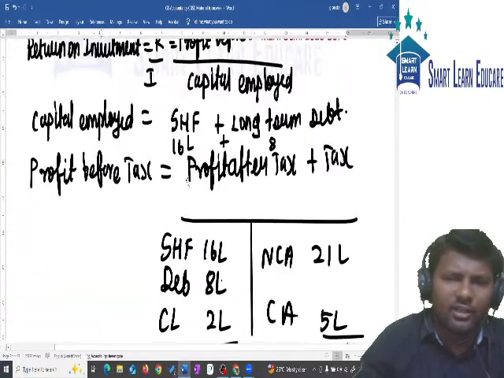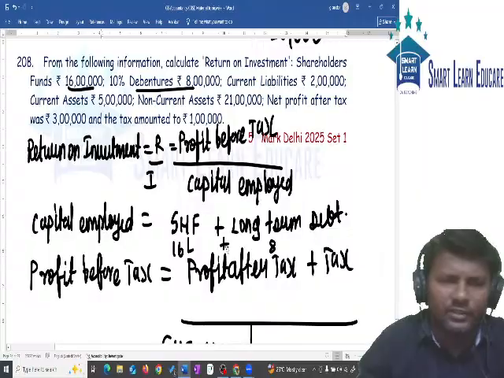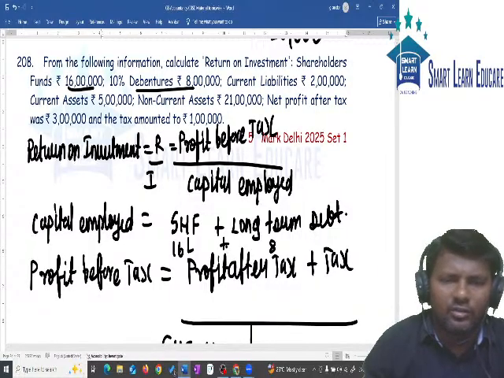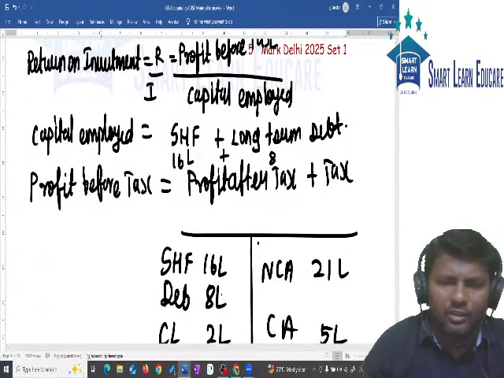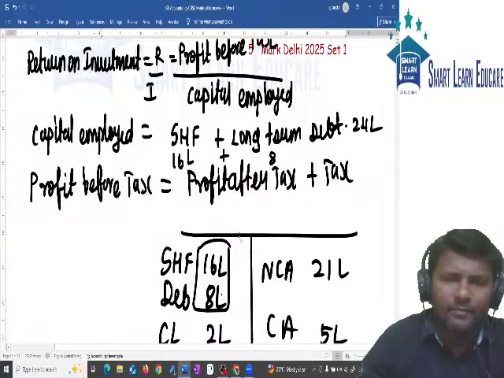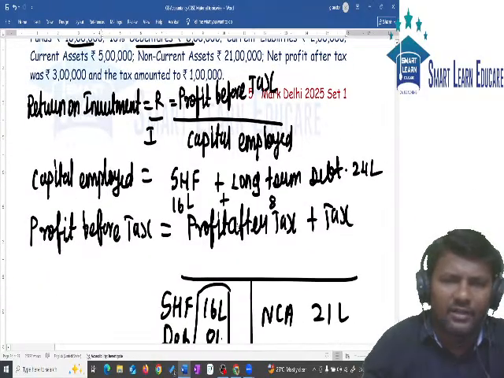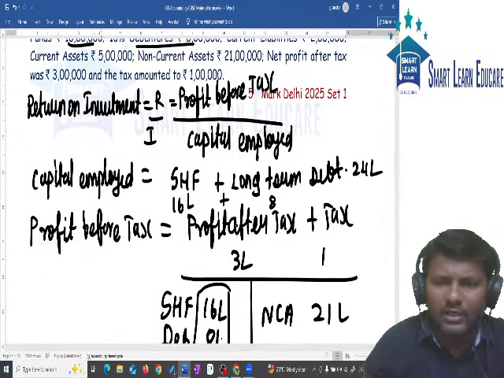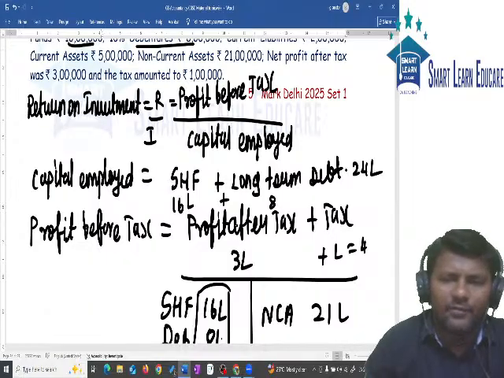So what is the capital employed? Shareholders fund 16 lakh plus 8, so total 24 lakh. 24 lakh is the capital employed. What is profit after tax? 3 lakh. Tax is 1 lakh. How much will be profit before tax? It will be 4 lakh.